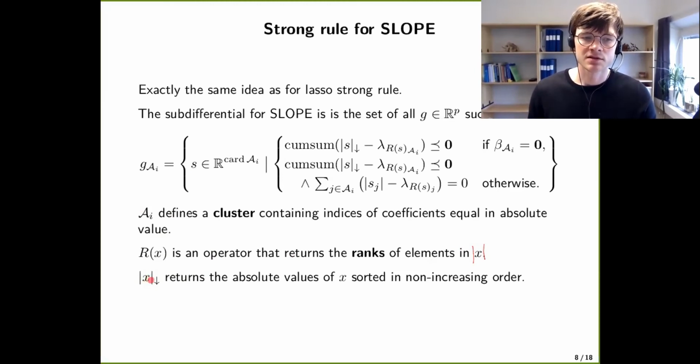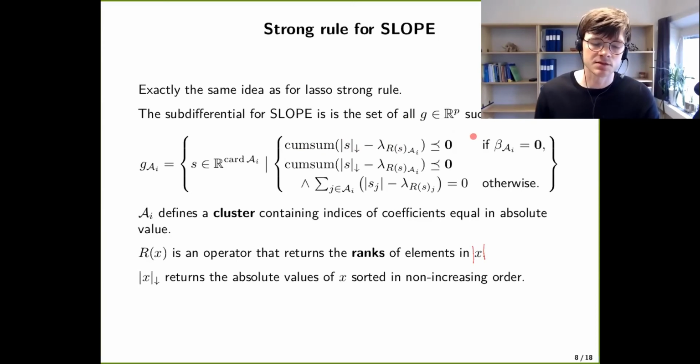And this notation over here returns the absolute values of X sorted in non-decreasing order. And we also have a cumulative sum here that is vector valued. So this is not just the last cumulative sum, but all of the cumulative sums of this expression inside here.